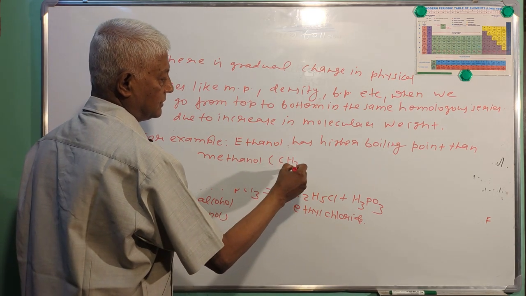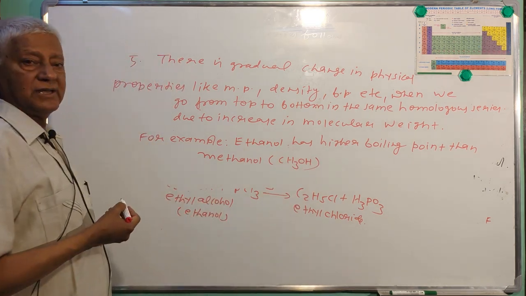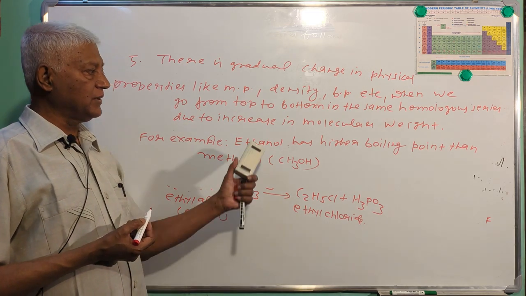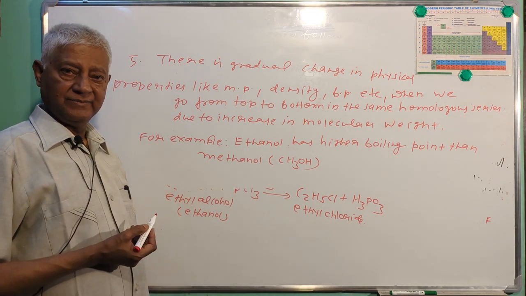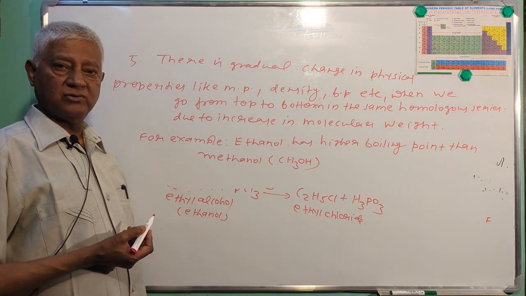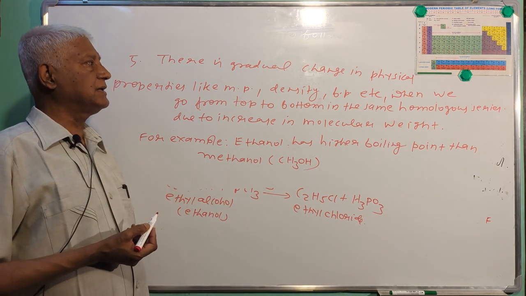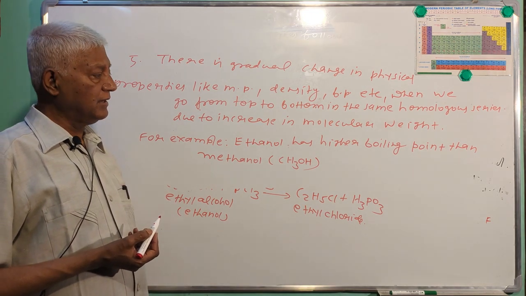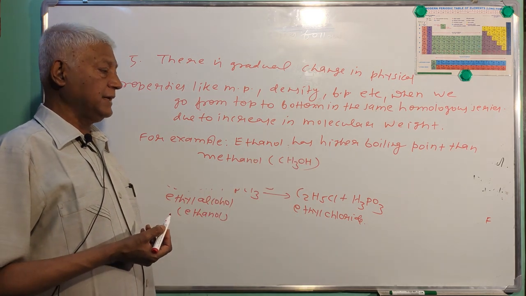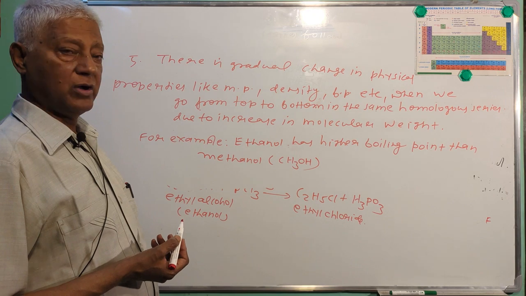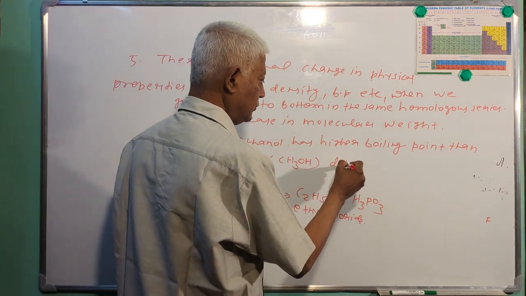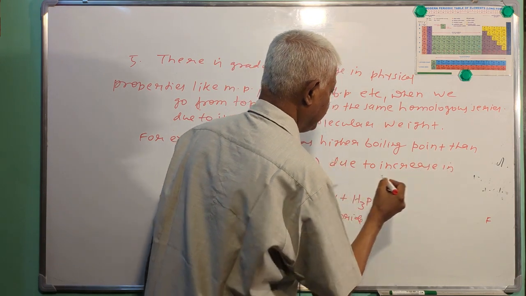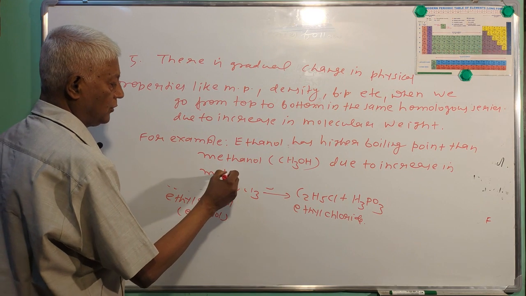Methanol means CH3OH. Why? What is the reason over here? When you go from top to bottom in the same homologous series, its molecular weight increases. If its molecular weight increases, its melting point, boiling point, density, all properties increase. The reason is the increase in molecular weight.